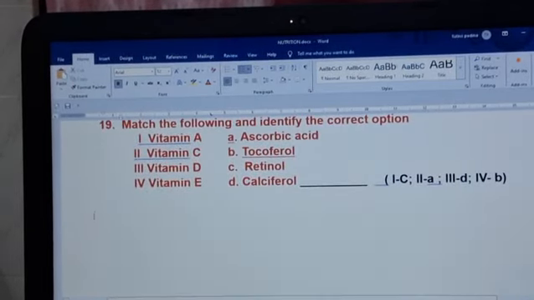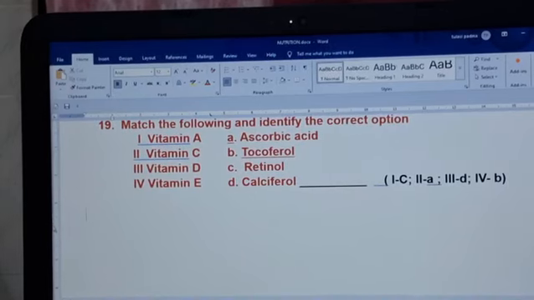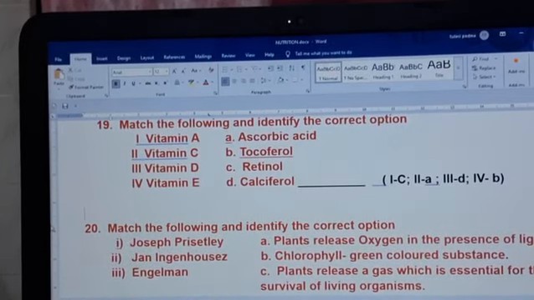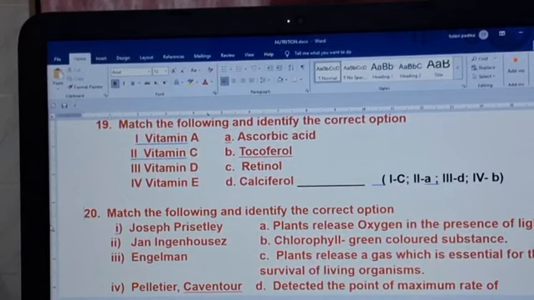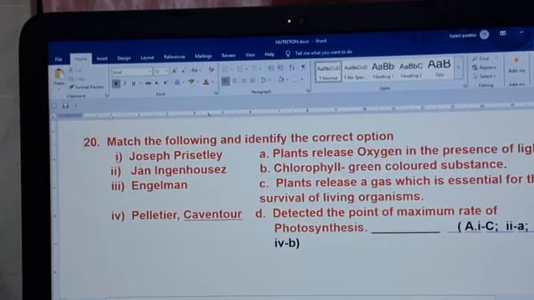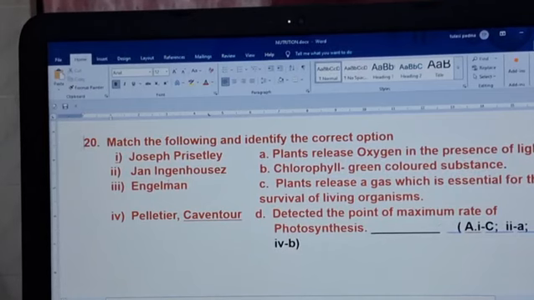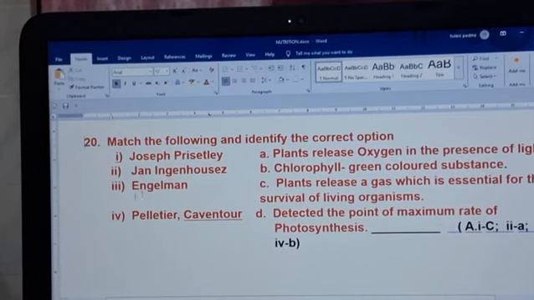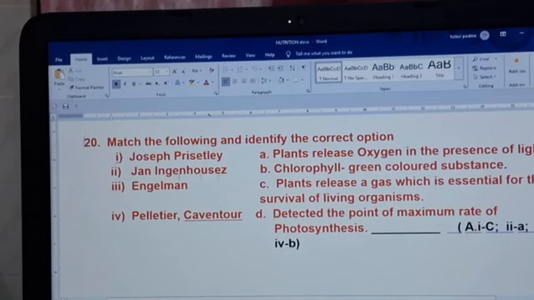Then you have one more question. Match the following and identify the correct option. Joseph Priestley, Jan Ingenhousz, Engelmann, and Pelletier and Caventou.